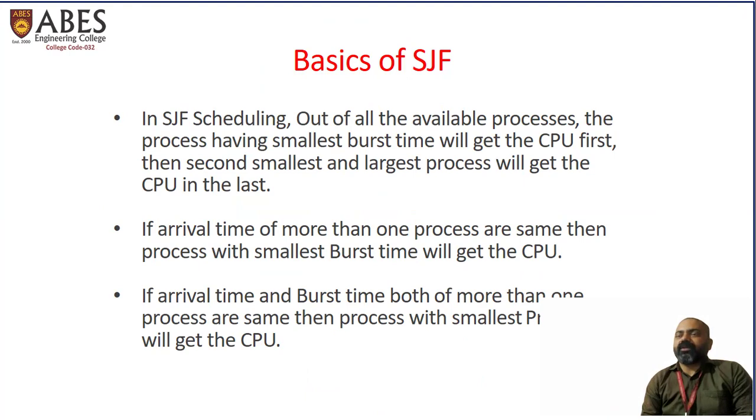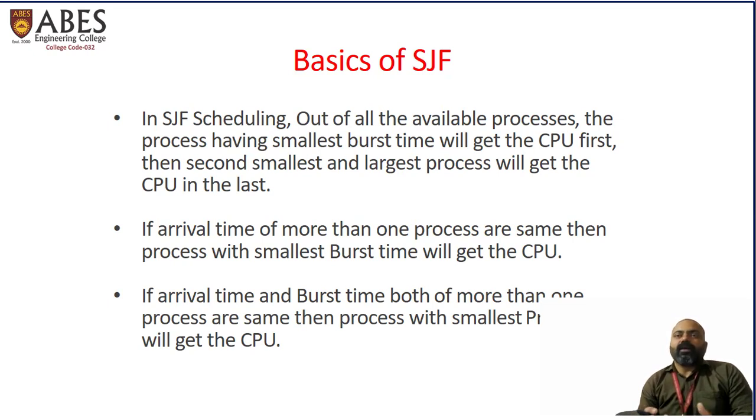Means if there are three processes, then in SJF we sort all three processes according to their burst time, and the process which has the least burst time will get executed first. Then the second process having the second smallest burst time will get executed, and in the last, the process which has the largest CPU burst time will get executed.